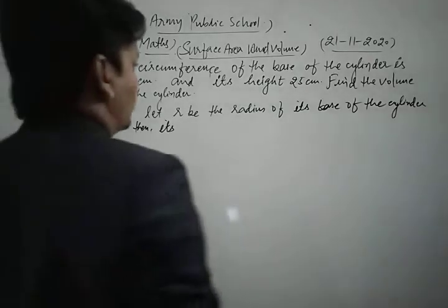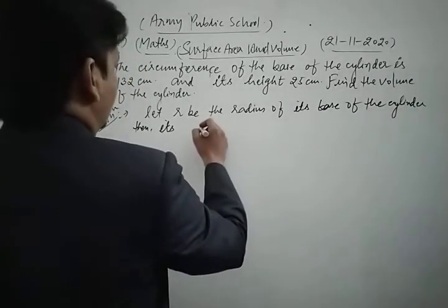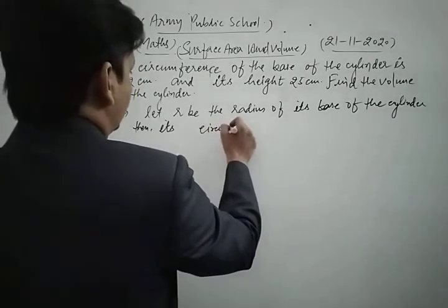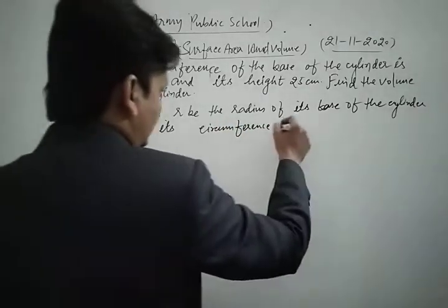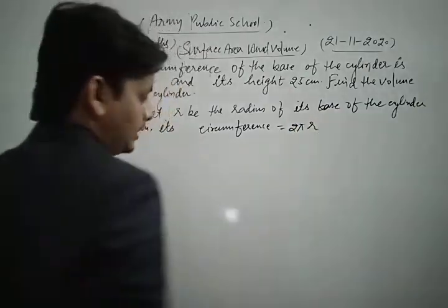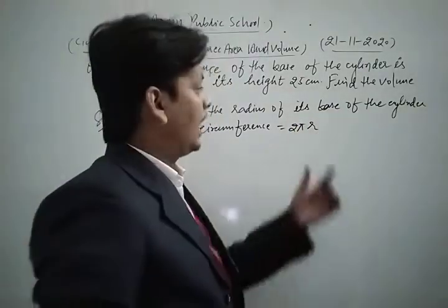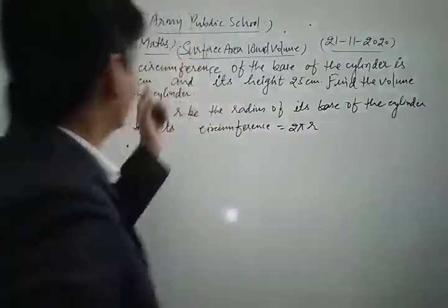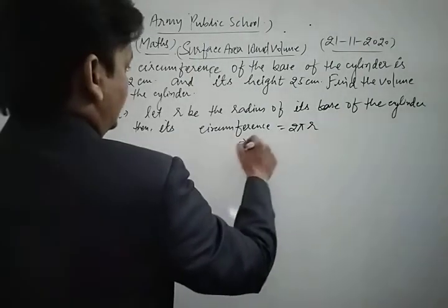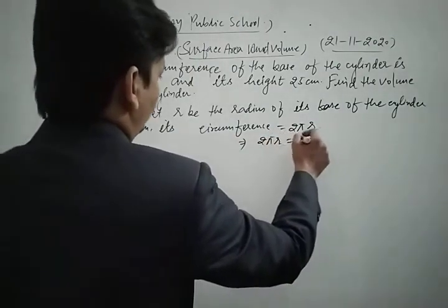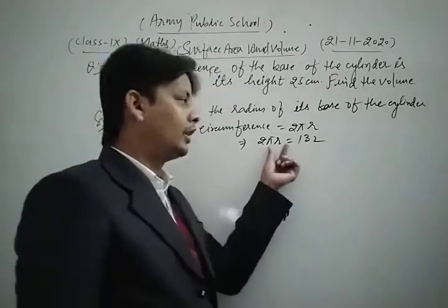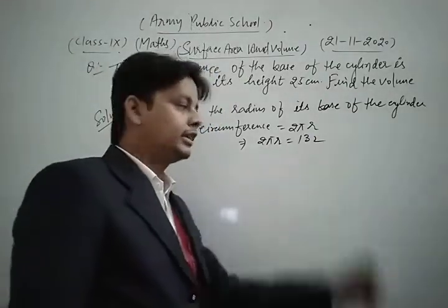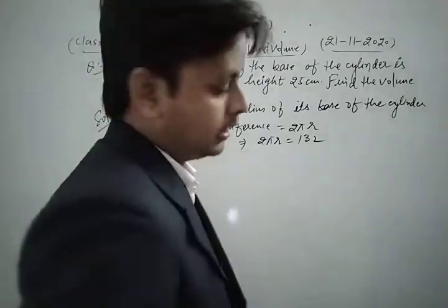Then the circumference of its base is 2 pi r. The circumference is given as 132. That is, 2 pi r is equal to 132. Now we put the value of pi, and after solving we find the radius.